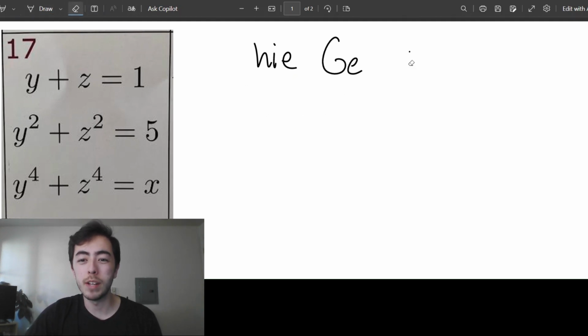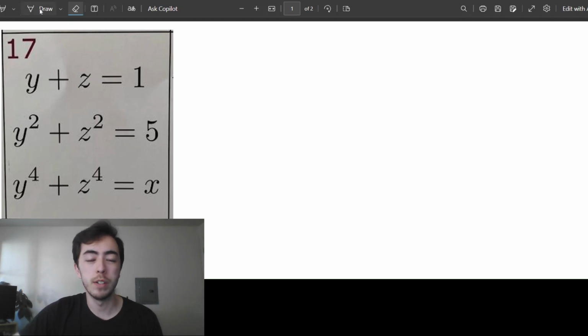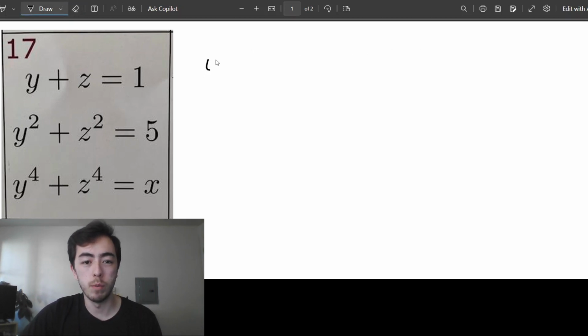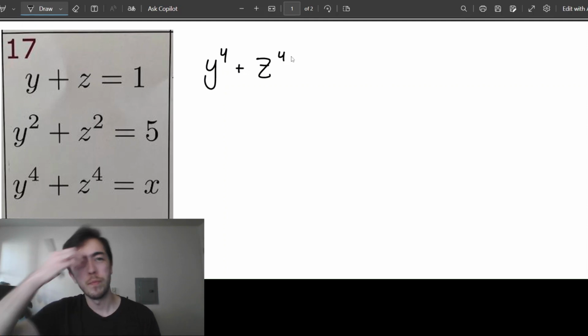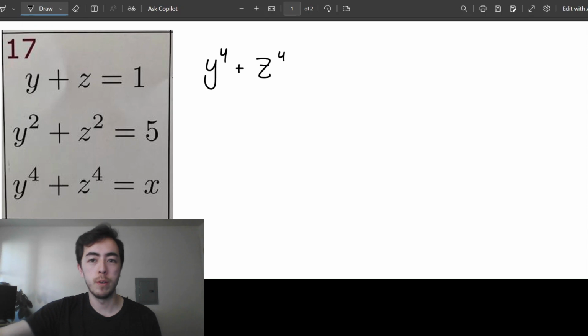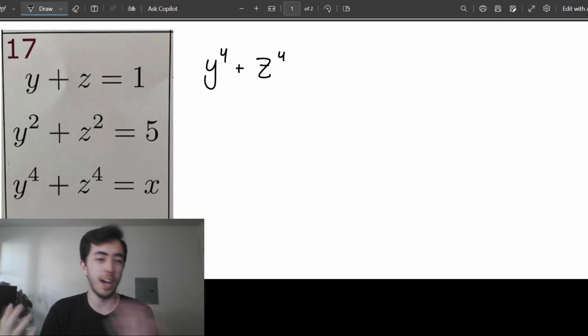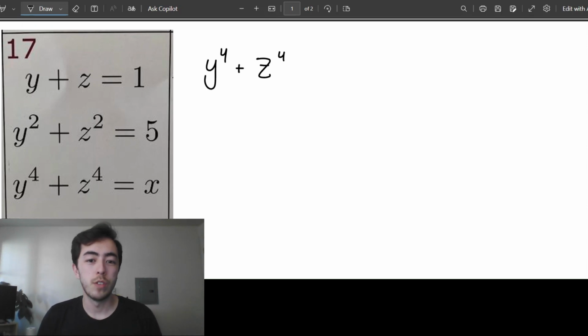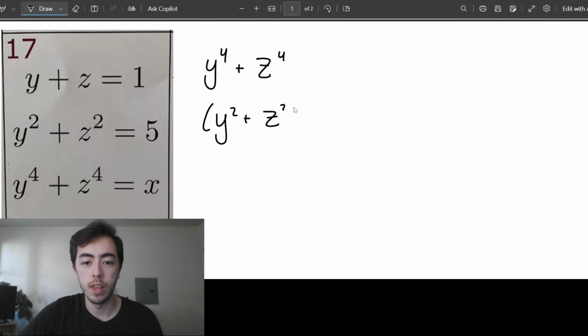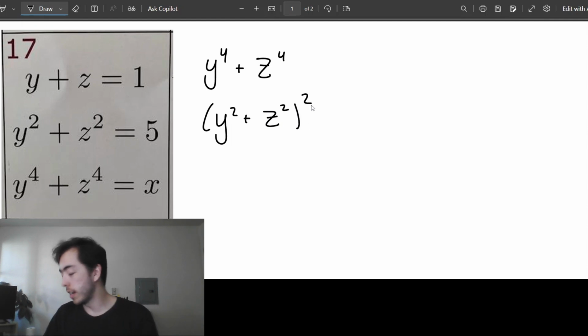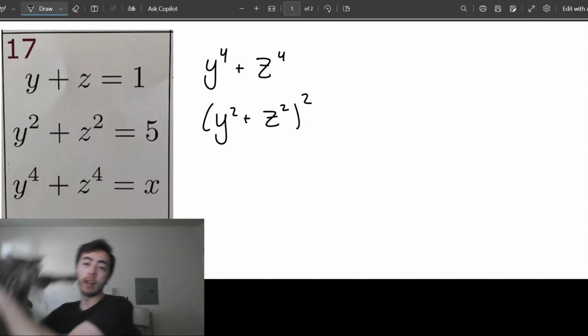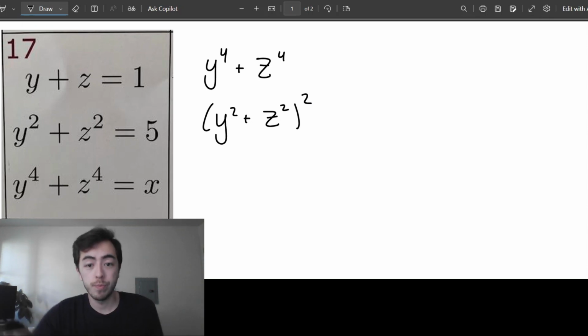I'm going to do something kind of similar where I want to try to find a factoring of y to the fourth plus z to the fourth, though it's not necessarily the Sophie Germain identity, but they're really related. So I think I'm going to start out with y squared plus z squared and then square that, because I know that if I square squares, I get powers of 4.